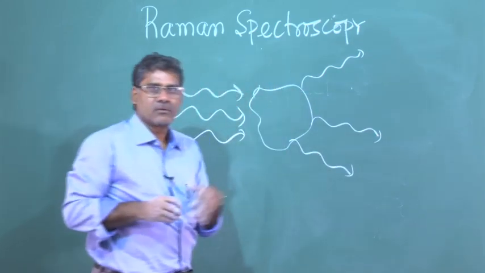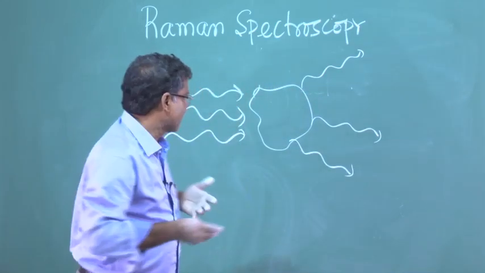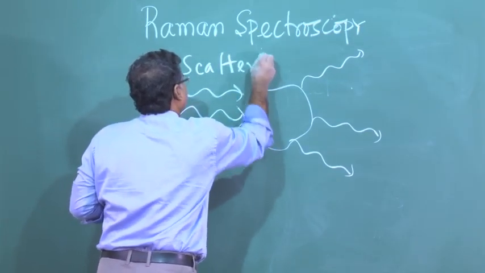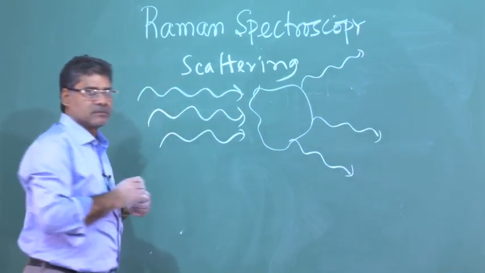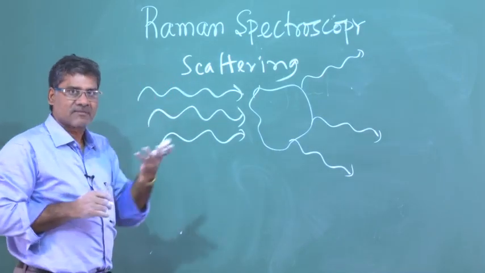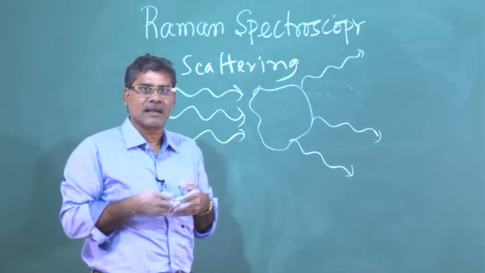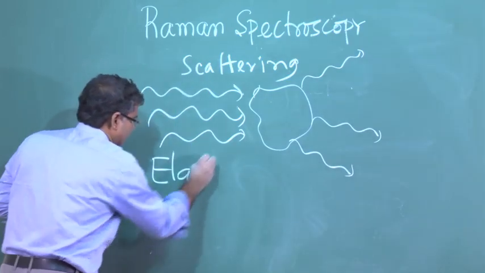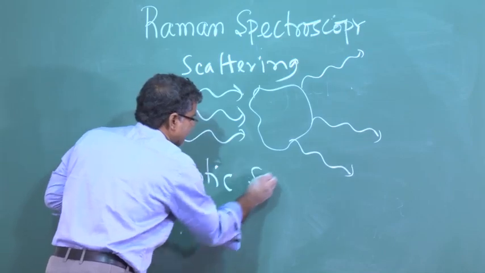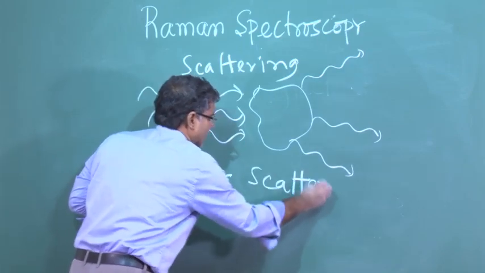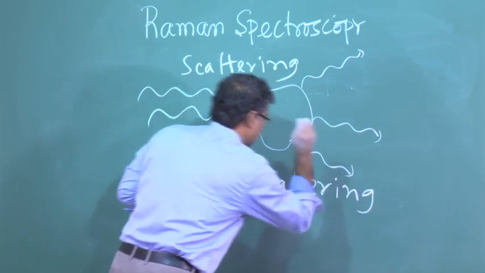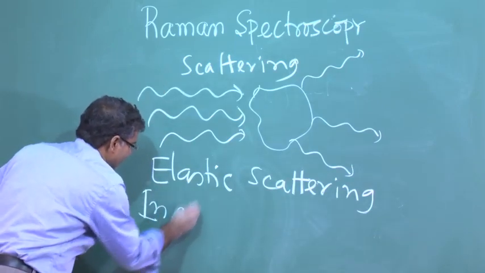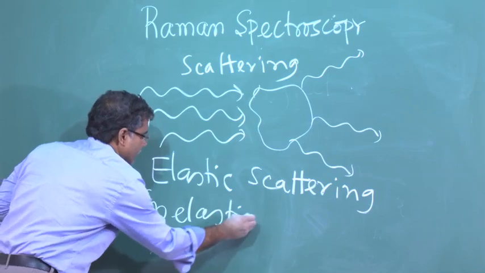Okay. So, now there are two types of scattering. So, this is scattering in general. There are two types of scattering, one is called elastic scattering, and another is called inelastic scattering.